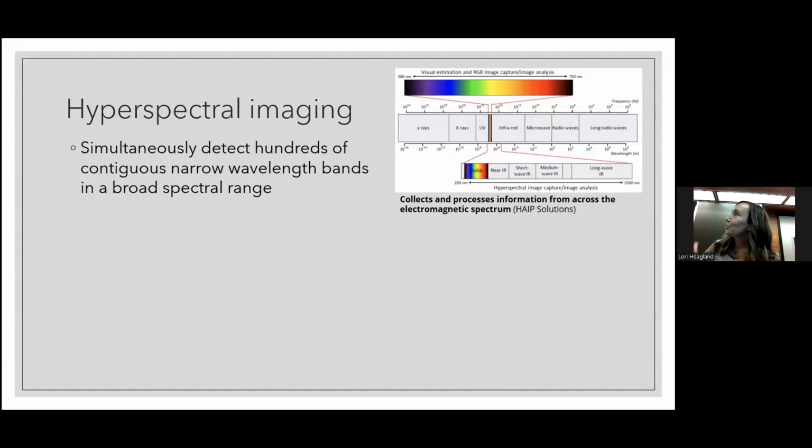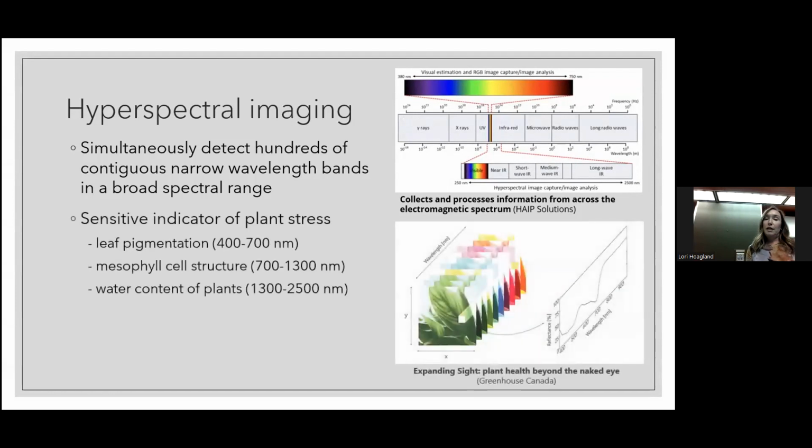We can only see the small visible light spectrum, but there are many others, like the near infrared and infrared regions, that we can't see with the human eye. By using hyperspectral imaging, you can take images at these different wavelengths, and it turns out these can be a very sensitive predictor of plant stress.